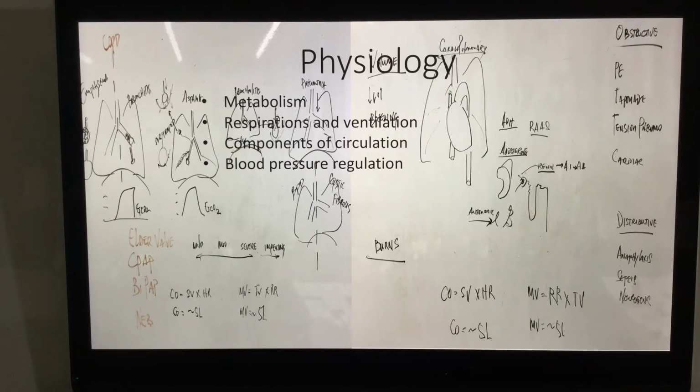Minute volume is the amount of breaths that you take in 1 minute. A normal adult usually breathes about 12 breaths per minute. We multiply that by the amount of air being moved in and out of the chest or the lungs. As that volume moves in and out, we roughly imagine that it's close to about 300 to 500 cc's.